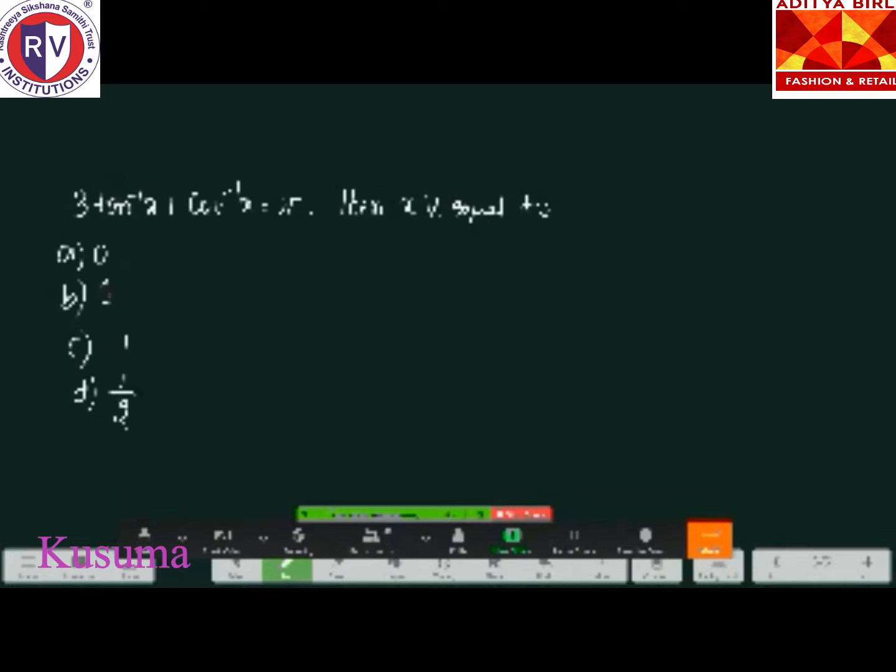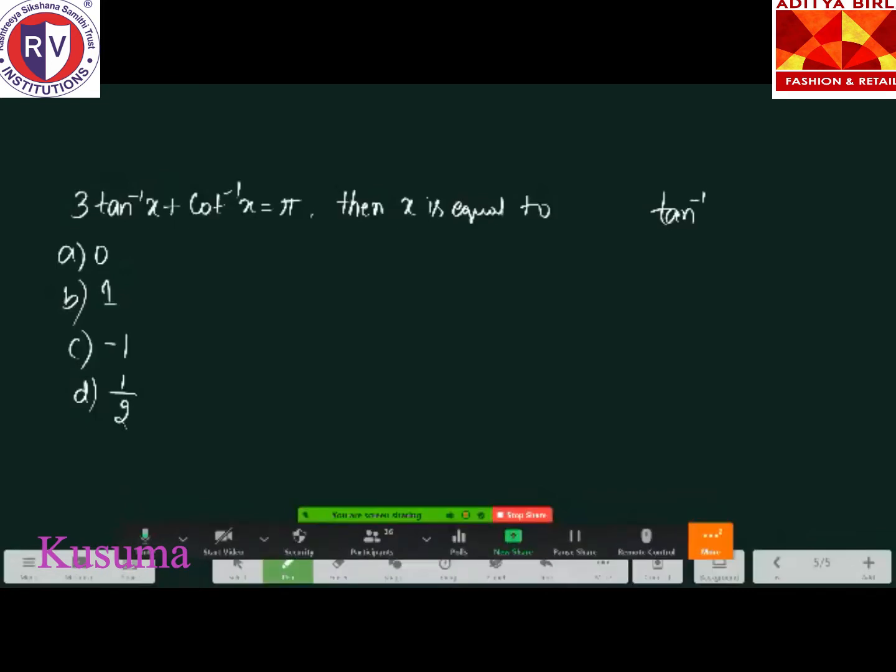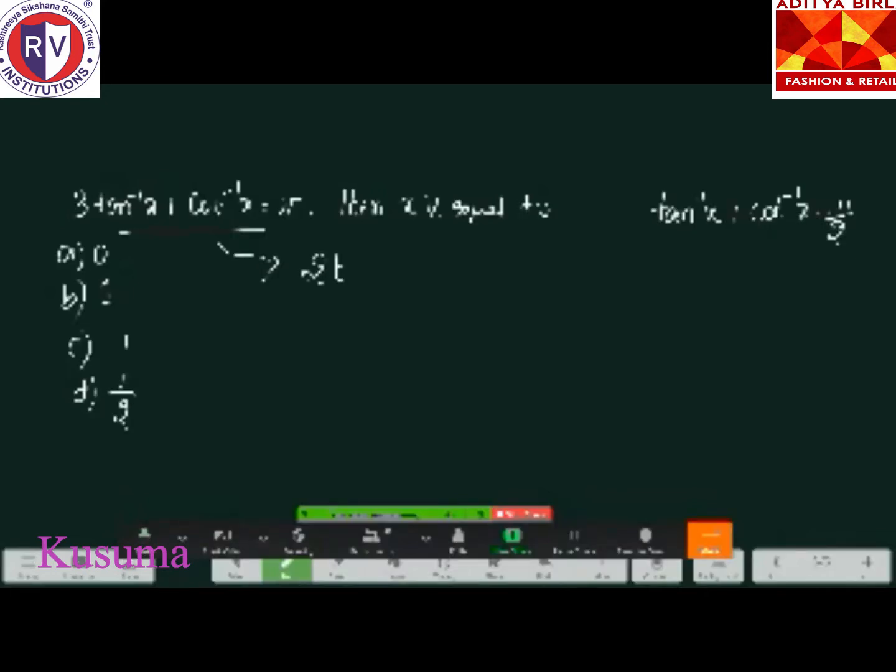Okay. So yesterday we saw an identity that tan inverse x plus cot inverse x is equal to pi/2. So this statement can be written as 2 tan inverse x plus pi/2 is equal to pi, right?